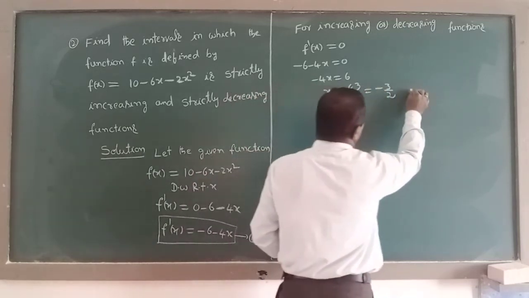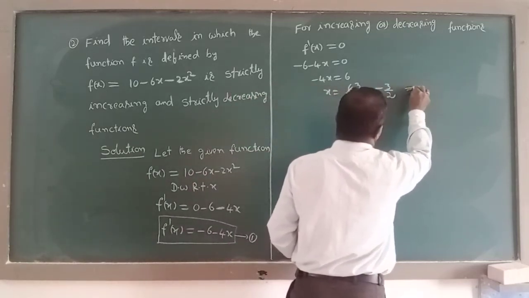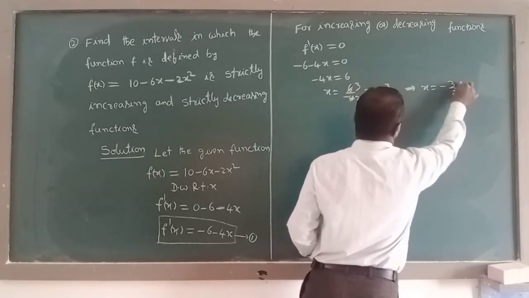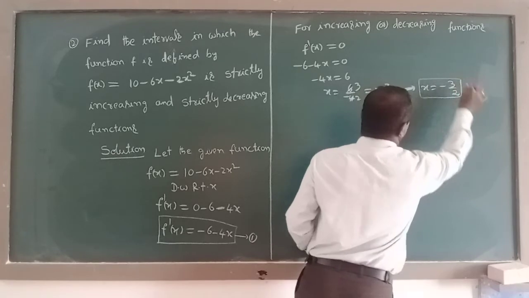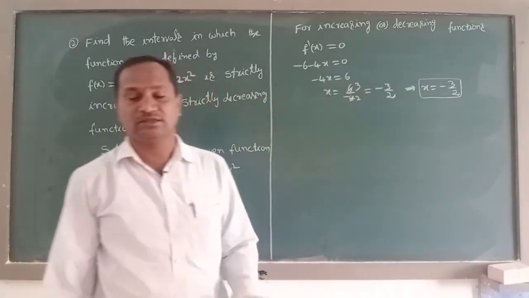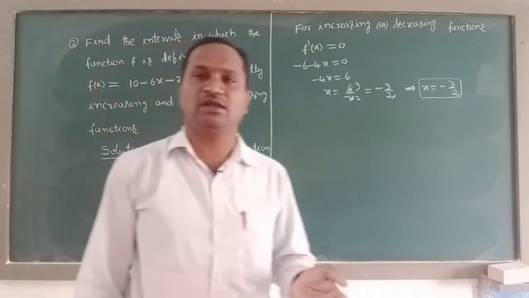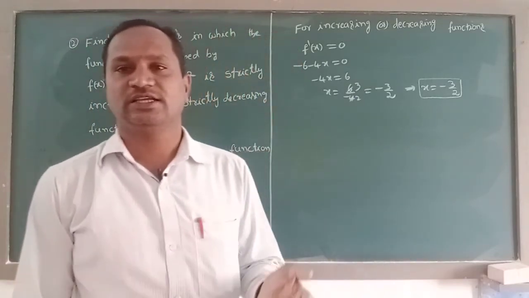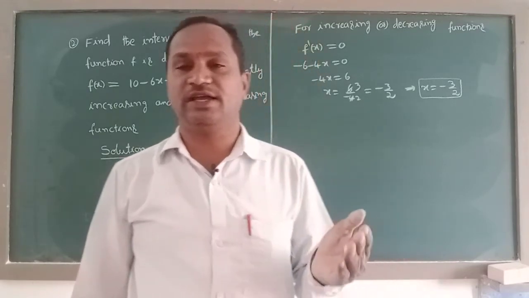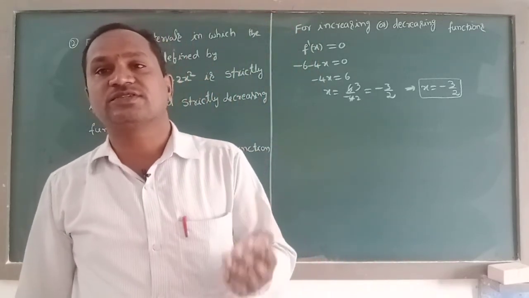That implies x equal to minus 3 by 2. Now we are plotting this real number on the real number line. After plotting that on the real number line, we will get some intervals. In those intervals, we are going to check the differentiable function f dash of x, whether it is positive or negative.